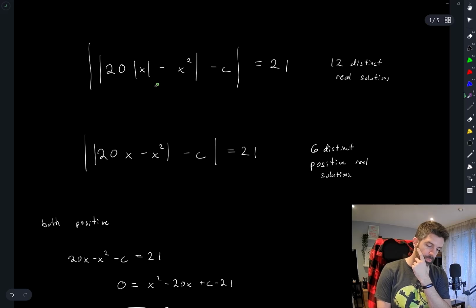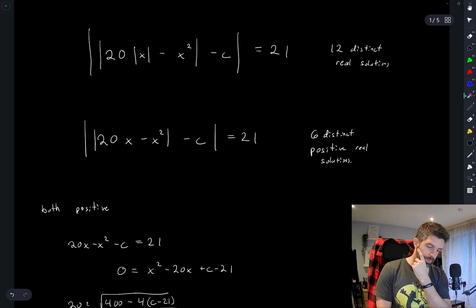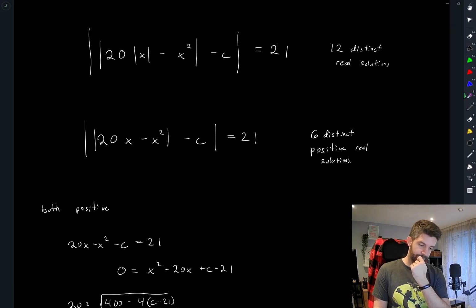If I have one solution to this, replace x with a negative, and I get another solution. So I don't want 0 to be a solution, because then there would be an odd number of solutions. Okay. So I can think about only positive solutions, because any solution to this, if I replace x with negative x, it'll also give a solution. So I'm only worried about positive solutions.